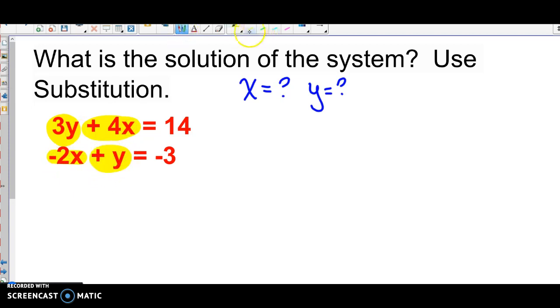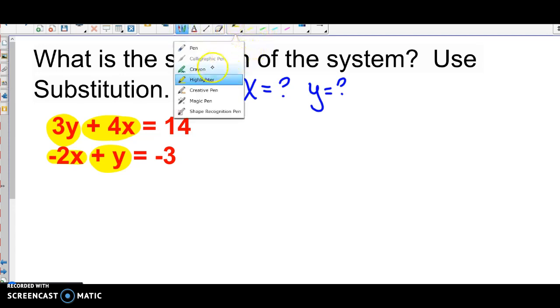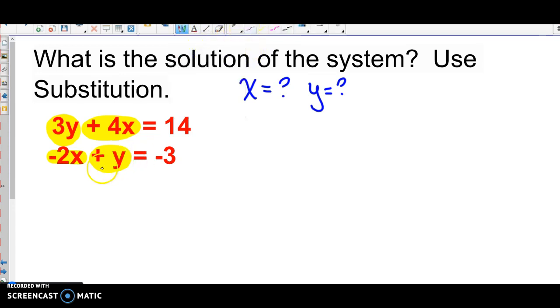Only one of them has a 1 as a coefficient, and that is the y. So that's what I'm going to solve for. I'm going to rewrite the second equation and solve it for y, so I'm going to add 2x to both sides.